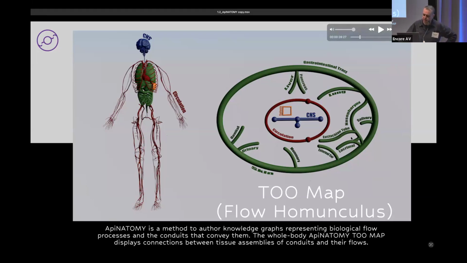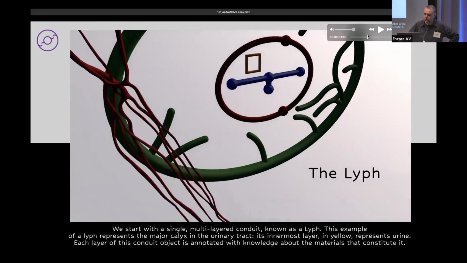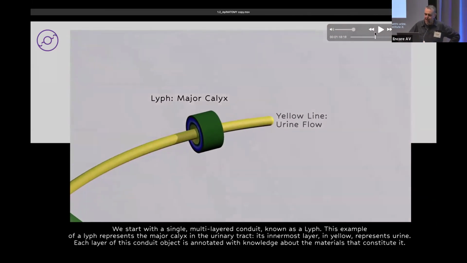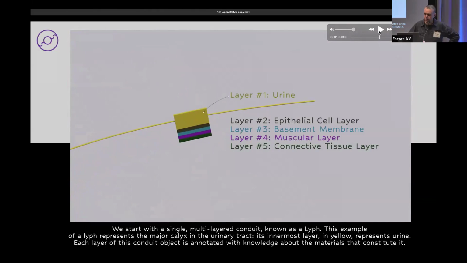This is lung, nasopharynx, eustachian tube. In red, of course, is the cardiovascular system, and in blue is flow of CSF. And this knowledge graph is essentially created from many components, many conduits that allow us to create a layered type of information for anatomical connectivity.